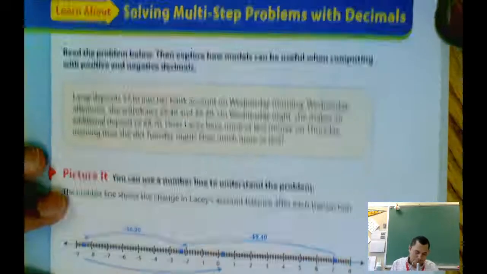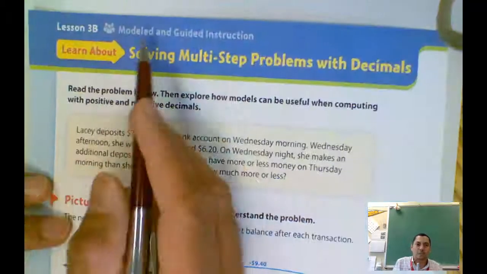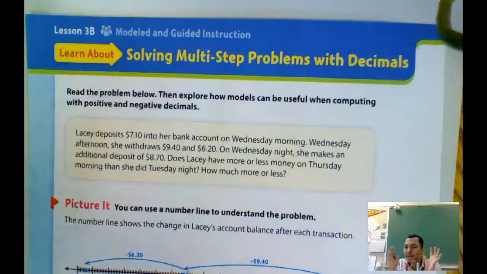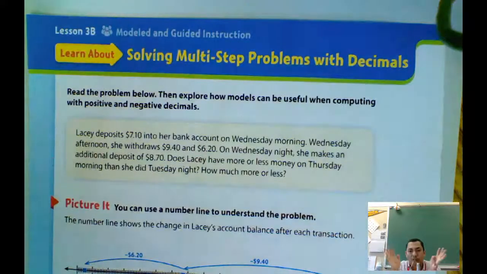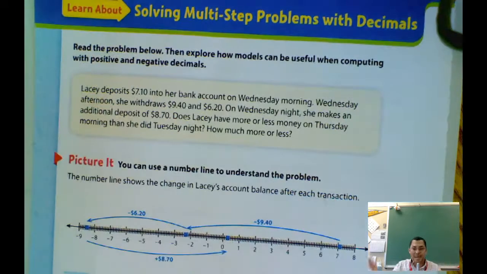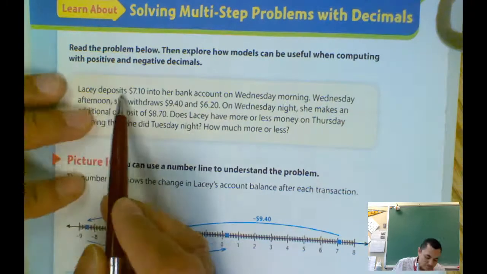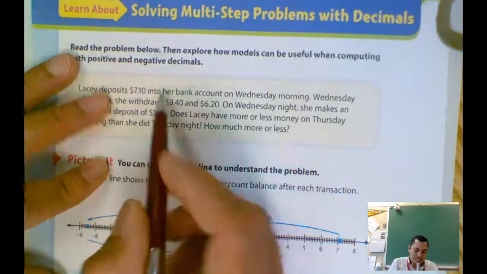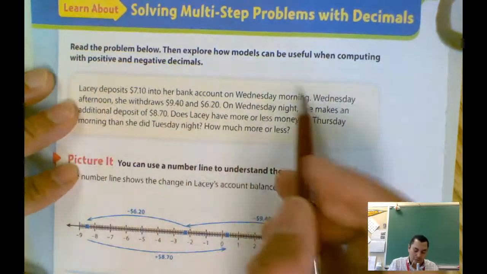So let's move to lesson 3B, solving multi-step problems with decimals. Now we're going to decimals. Remember that rational numbers are fractions and terminating decimals, and also we had repeating decimals. So in this case, we're going to read the problem again, and then we're going to answer questions. So in this case, we have Lacey deposits $7.10 into her bank account on Wednesday morning.